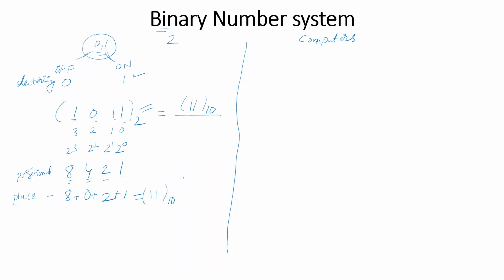Okay, now can we convert any decimal number into a binary number? Yes, we can. For example, take 156 as a decimal number, in the usual notation with subscript 10. Now how can I indicate this 156 as a binary number? You need the same procedure.